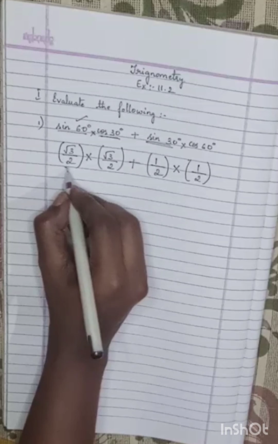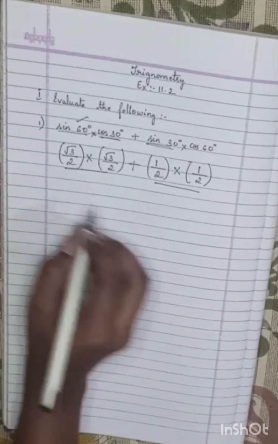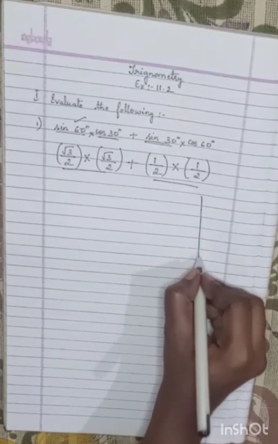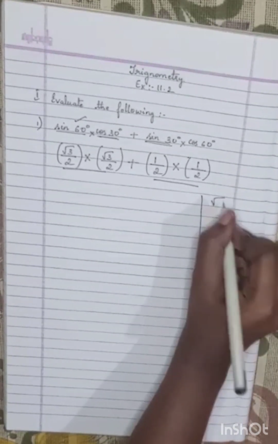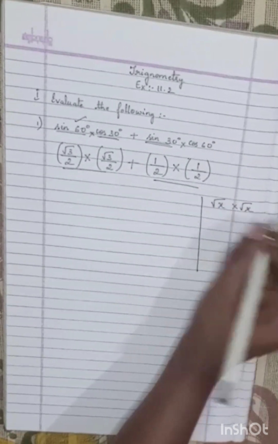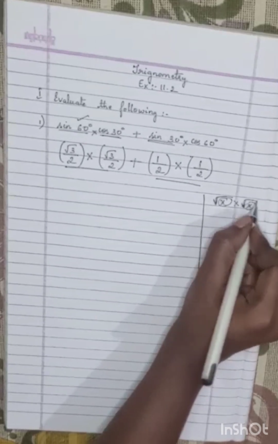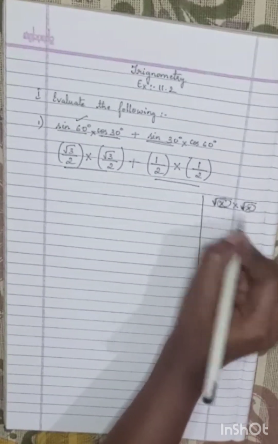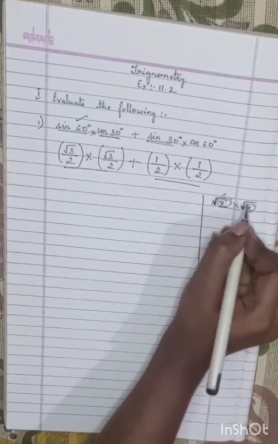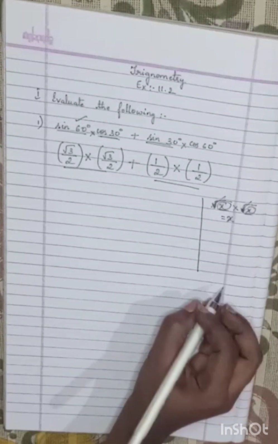Now let us multiply these two and these two. Now, whenever two roots are multiplied, say here there is some number x. Whenever two roots are multiplied with the same number inside, roots will get cancelled and we'll get the answer as x.